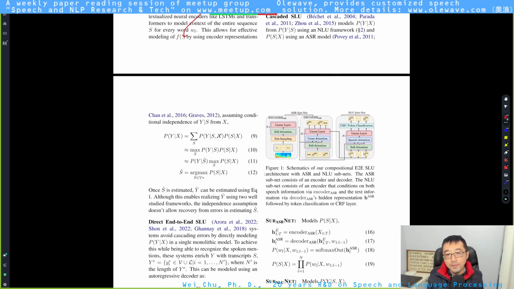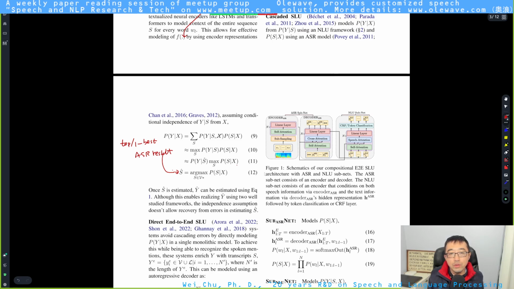But here, the author only considers the condition that people only use the top best, or one best, of the ASR result. This is why he has this equation here.